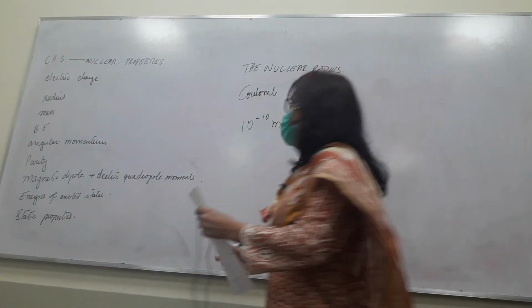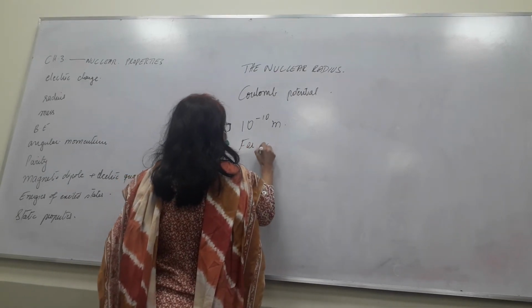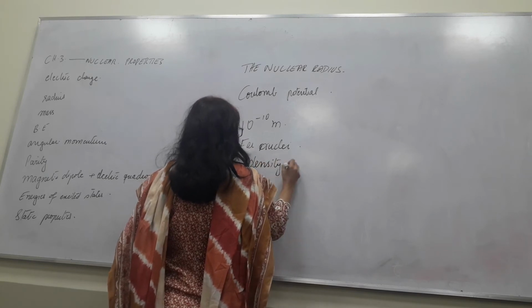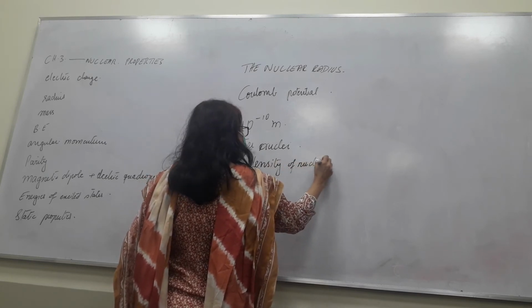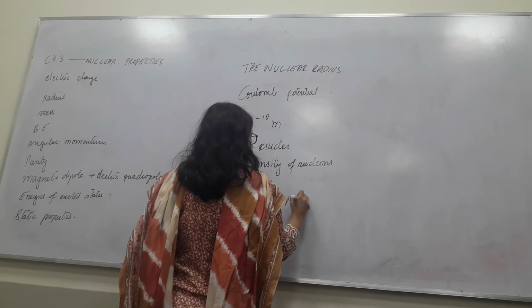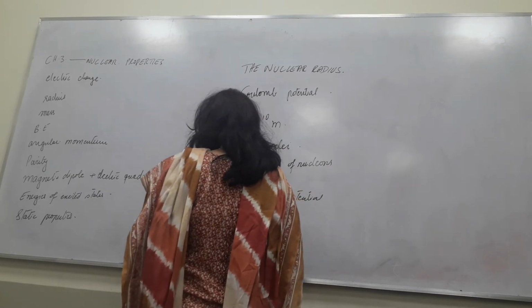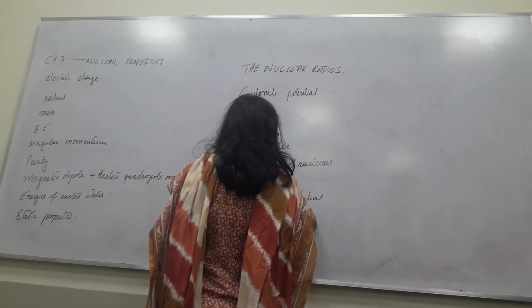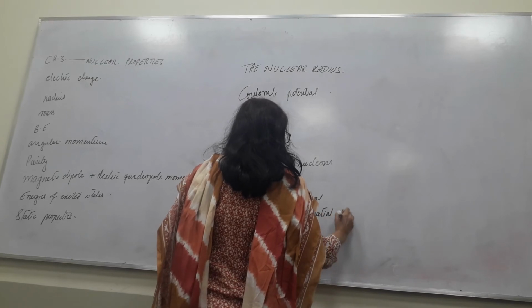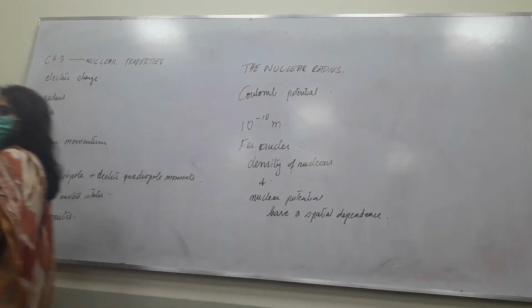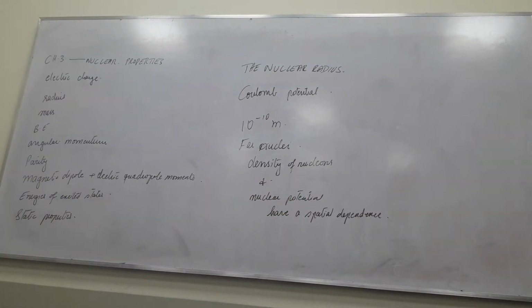So, for nuclei, the density of nucleons and the nuclear potential have a spatial dependence. You understand the word spatial, right? So, it depends upon the density of nucleons, like we talked about in the previous class.